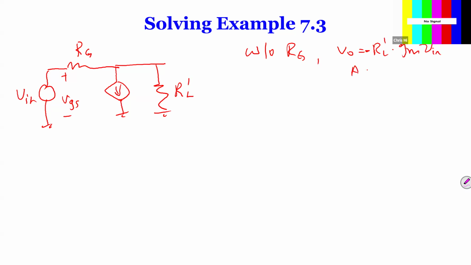So your AV will be minus GM times RL prime. And RL prime is the parallel of RO, RD in parallel with RL. So that's without RG.